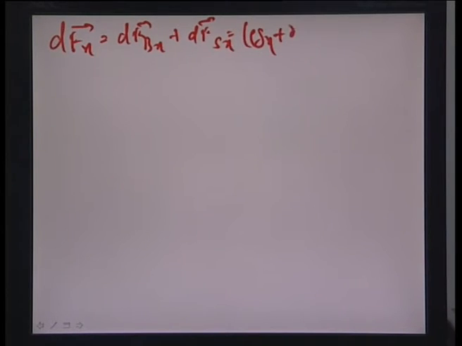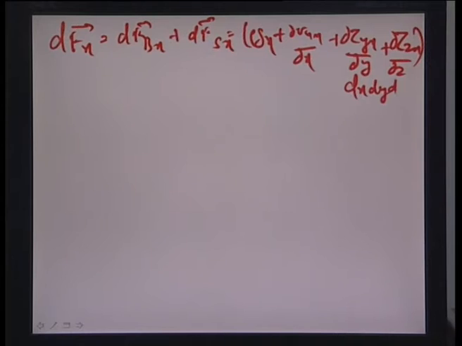So the total force in the x direction, because of the body force dFbx and the force due to the stress vectors, can be represented as rho gx plus del sigma xx by del x plus del tau yx by del y plus del tau zx by del z, times dx dy dz.